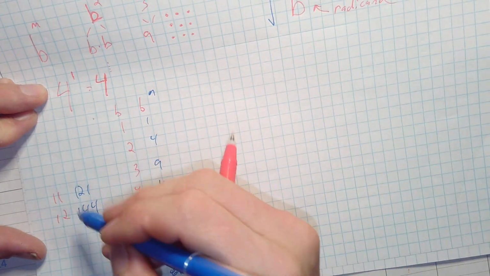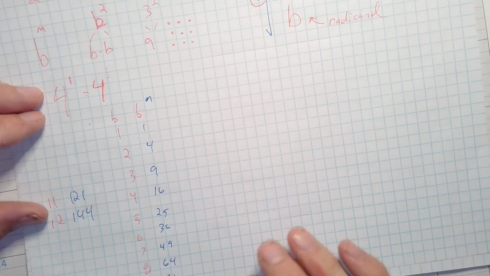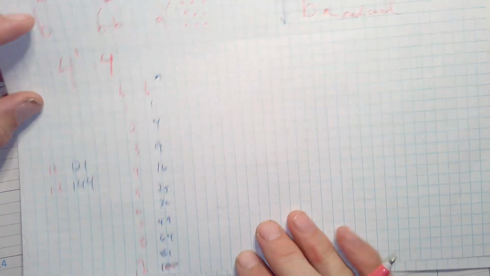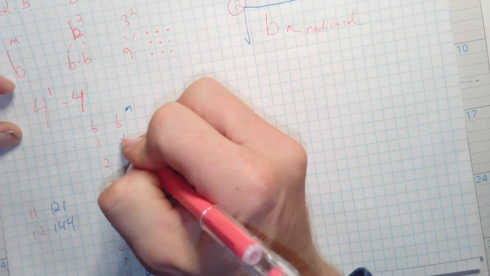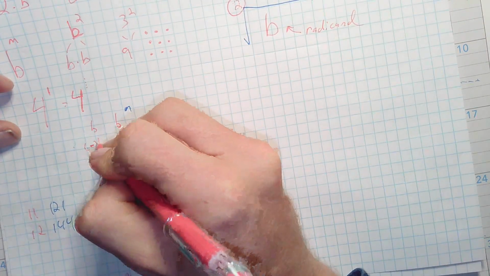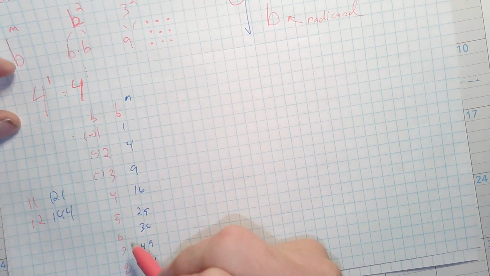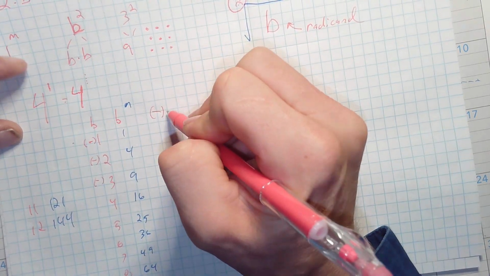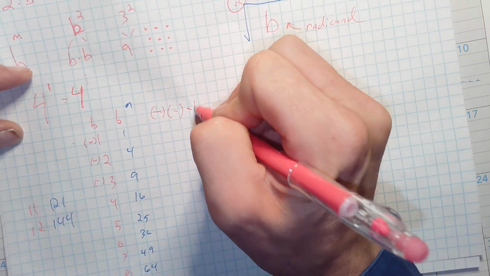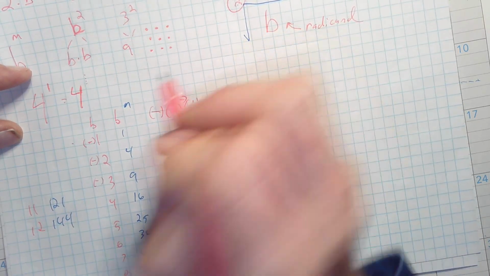These are good just to memorize up to like 12. And then remember, its negative version is also true, because when you square a negative, it becomes positive, because when you multiply a negative times a negative, you get a positive as a result.